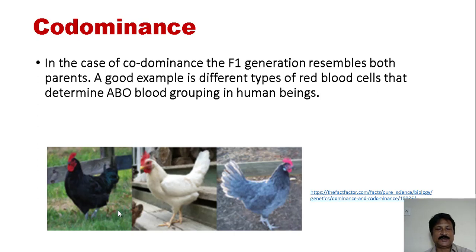We'll discuss more later on in multiple allelism. But here, let us discuss at least that in human, there are blood groups A, B, AB and O. In AB, both the antigens are present. That is, they have alleles for antigen A and allele for antigen B. Here, both the allele A and allele B are functional.